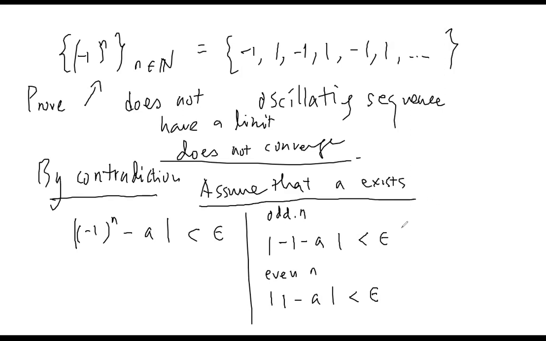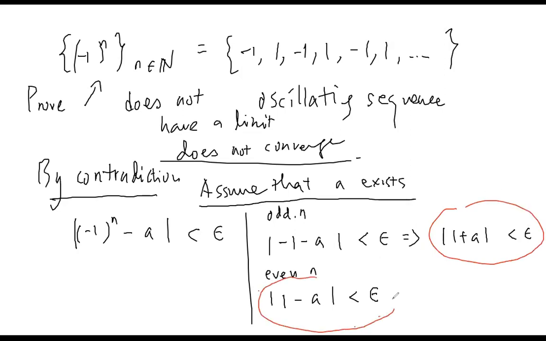This implies |1 + A| less than epsilon, because you can factorize, and then the minus becomes positive. So we have these two inequalities that are implied if you assume convergence. Now look at it carefully. I know that 2 is equal to 1 plus 1, and I can put the absolute sign.